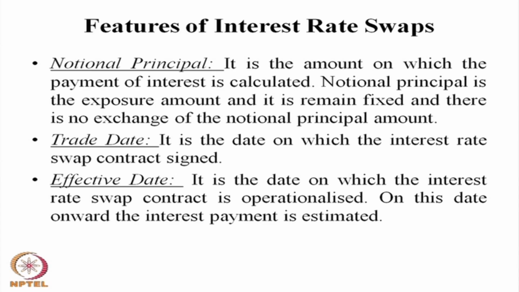The trade date may be today, and it is operationalized after 3 months; after 3 months the effective date starts. The effective date is essential because on that date the interest payment or exchange of the swap transaction takes place. So, 3 different terms: notional principal, trade date and effective date.